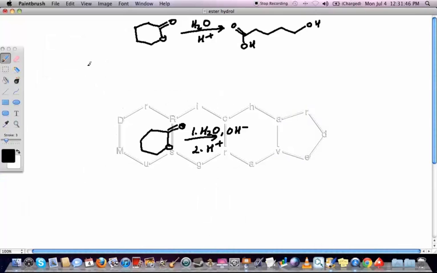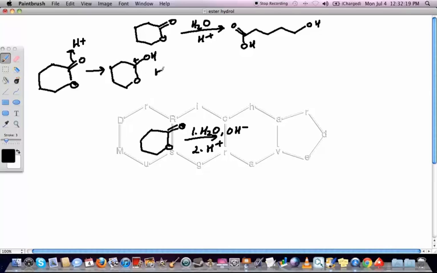So here is your lactone, and we're going to hydrolyze it. And look at the mechanism, it's going to follow the same steps. Alright, so the first step is the addition of H plus to the C double bond O. And that will put a positive charge on this C right here.